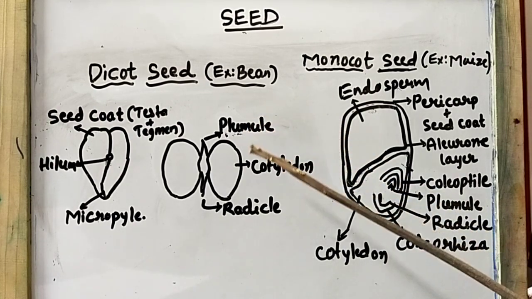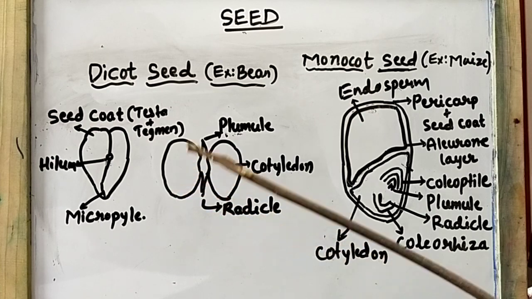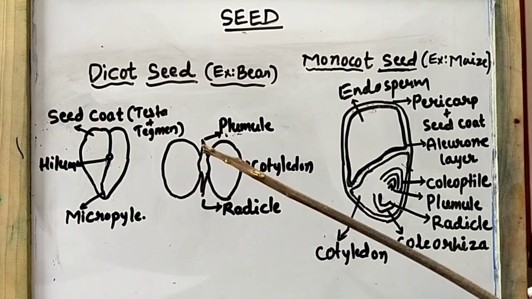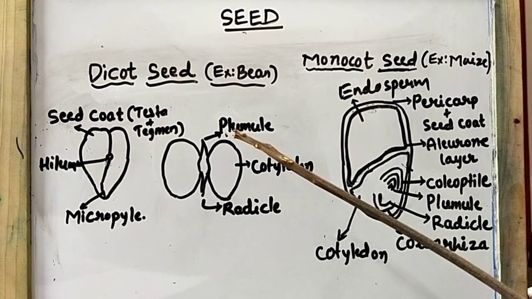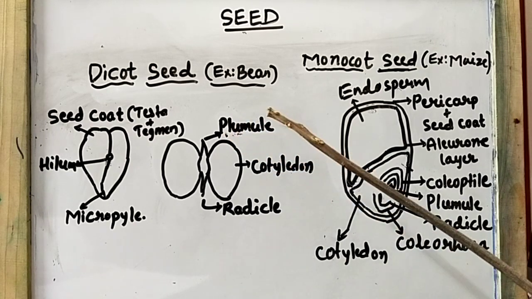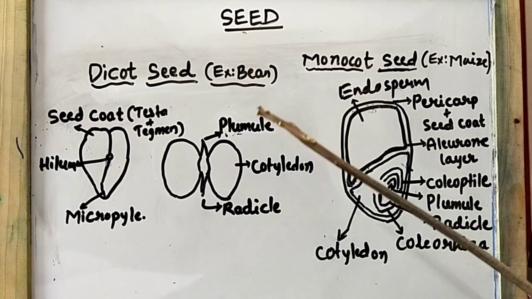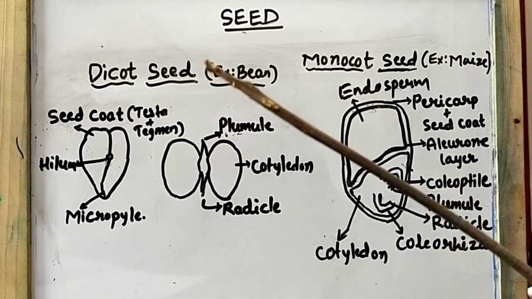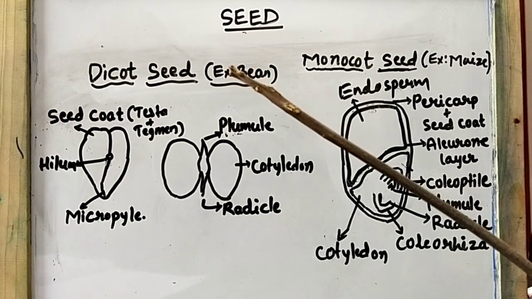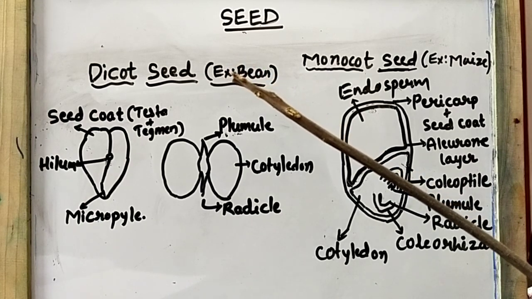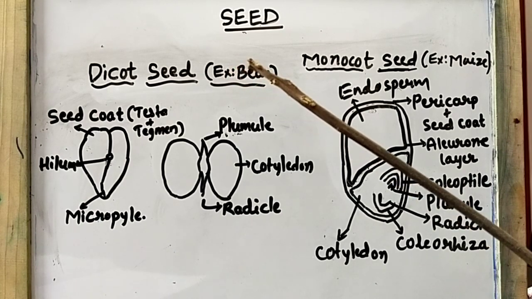If the endosperm is completely consumed in the mature seed, if you don't have any food in the endosperm, then it is known as a non-endospermic seed.